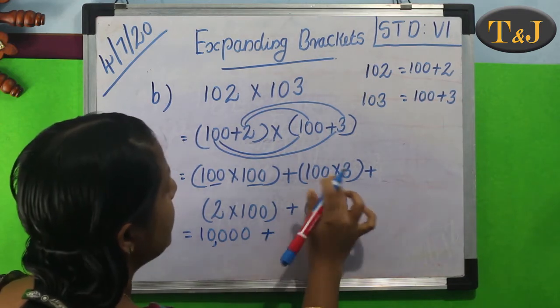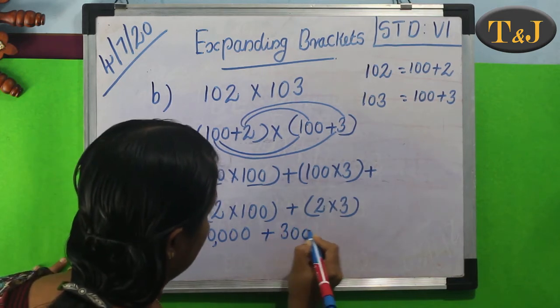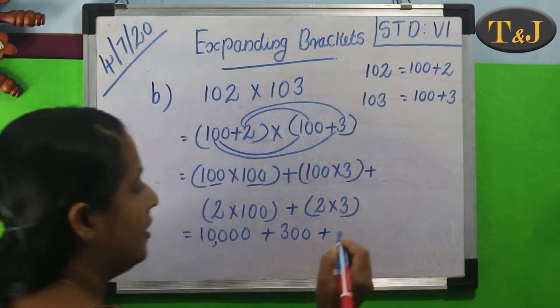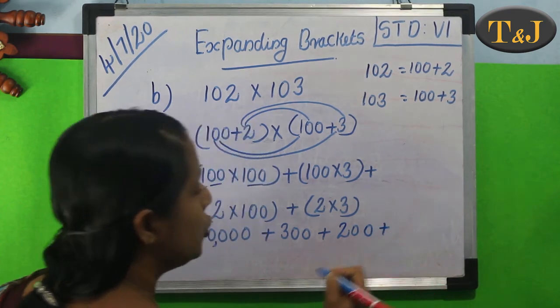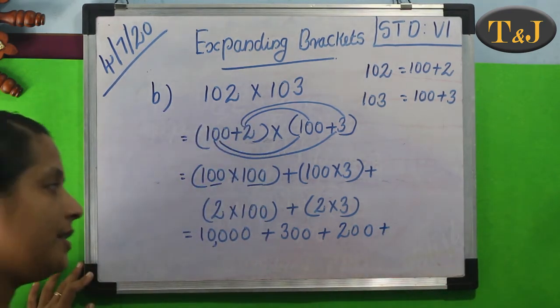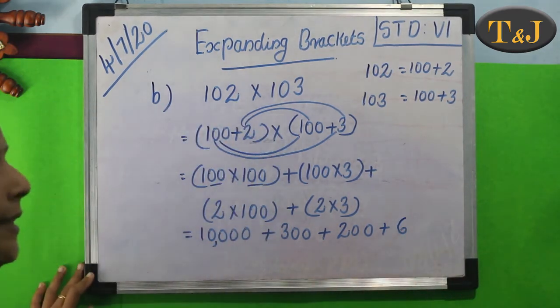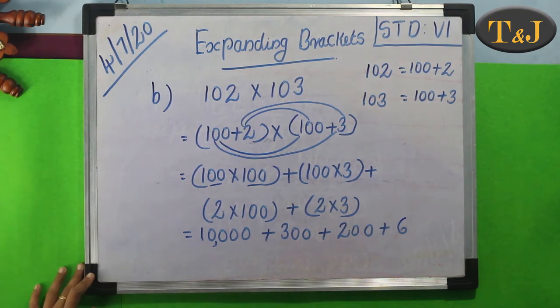Next 100 multiplied by 3 equals 300. Then plus 2 into 100 equals 200. Next 2 threes are 6. Now we get 10,000 plus 300 plus 200 plus 6.